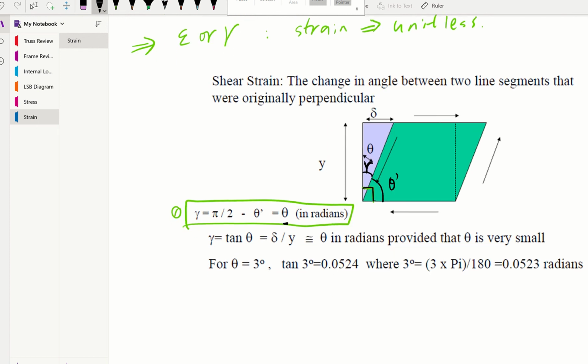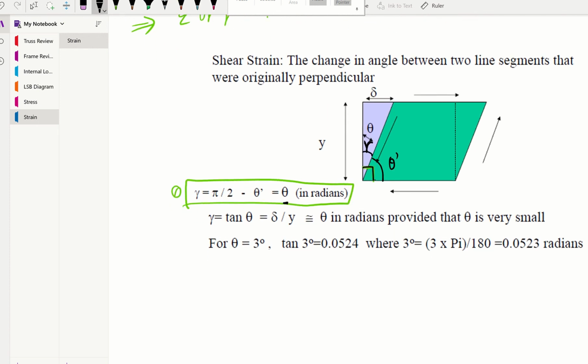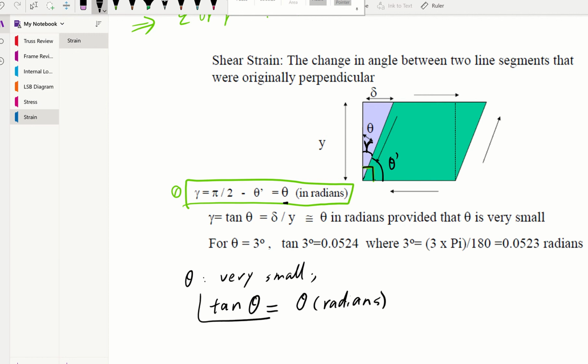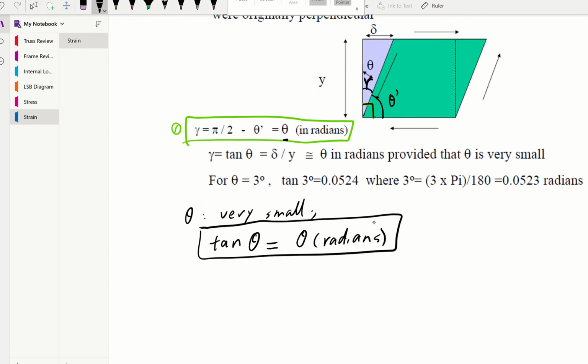Now let's look at this. Often this deformation is so small, right? So this angle theta is very small. You probably learned in calculus that if the angle is so small, the tangent of this angle is going to be equal to the angle itself, but the angle here has to be expressed in radians. We can prove this with an experiment.